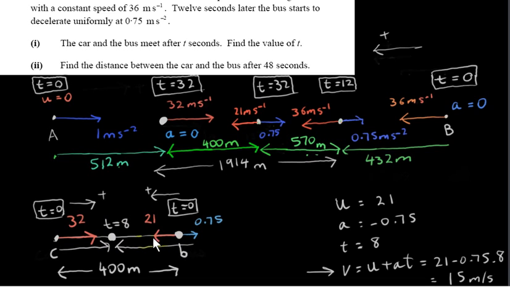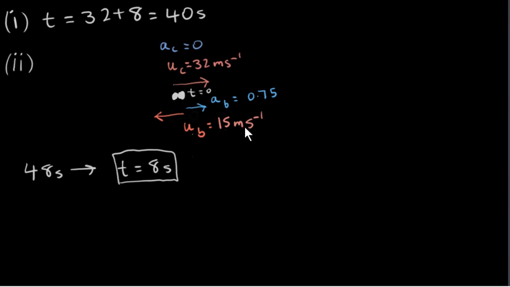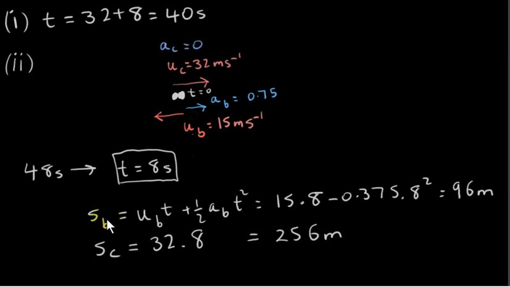So u is 21, directions to the left are positive, a is minus 0.75 because a is pointing to the right, the negative direction, and t is 8. So the bus is slowing down as it goes from here to here. So that's why a is negative. From v equals u plus at, we find the speed of the bus when it collides with the car is 15 meters per second. So we can write that in.